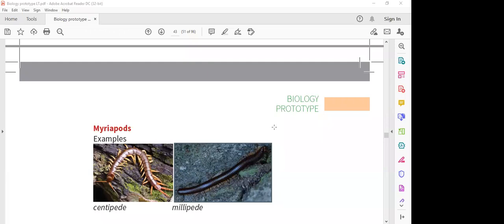But the centipede can kill certain organisms using its poisonous claws, which it can use for feeding. Actually, in that case, it can feed on other organisms, which it can immobilize by use of its poisonous claws. Okay, all right, that is a good understanding of the two.